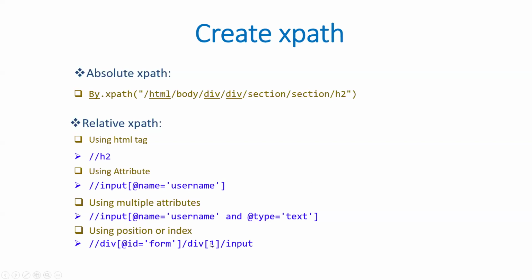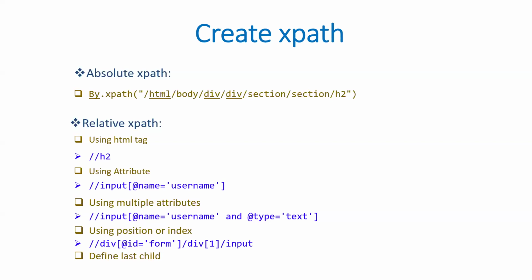In such a scenario, we can define index numbers here. It identifies the child position. So inside this parent, I want to find the first child division element. That is what the 1 defines, the child position, or we can call it an index number.